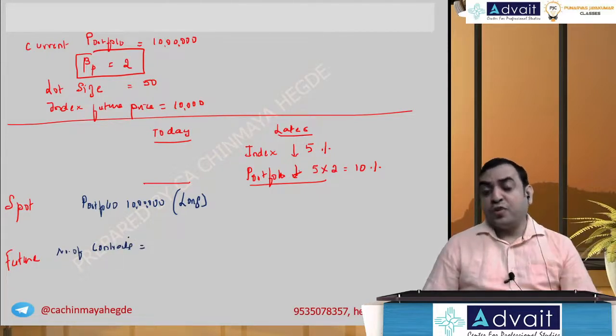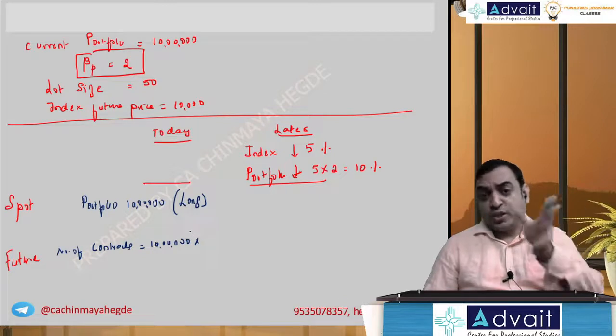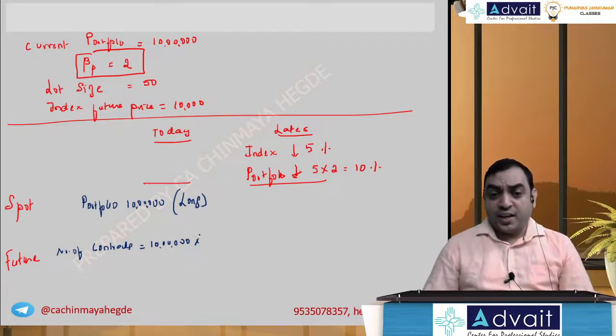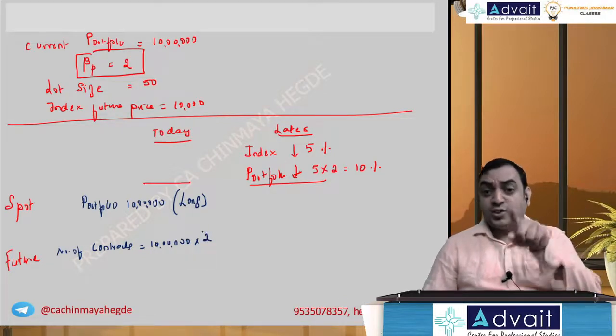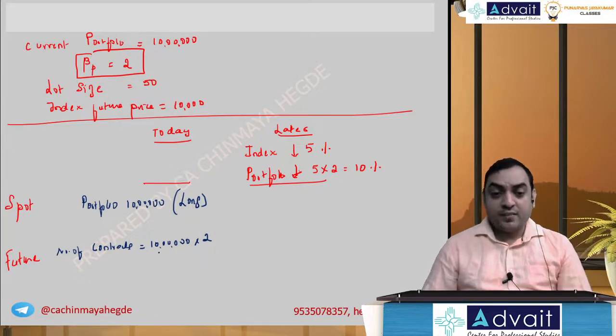And what is the formula for number of contracts? Portfolio amount 10 lakhs into beta. You can do 0 minus beta also. I'll just do beta, 2. If I do 0 minus 2, I get minus 2. Minus means short. That's why I say 0 minus beta. But anyway, 10 lakh into beta divided by lot size 50 into index future price 10,000.